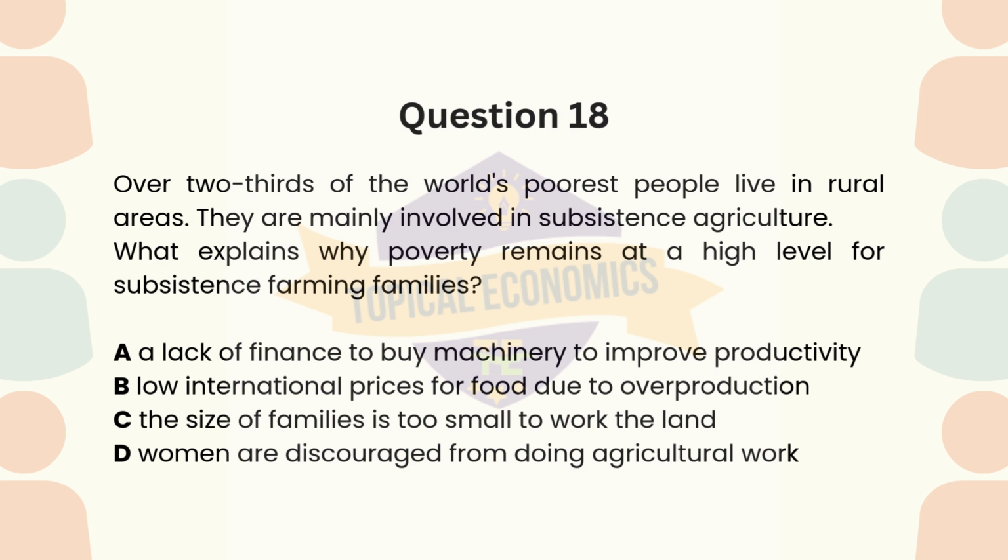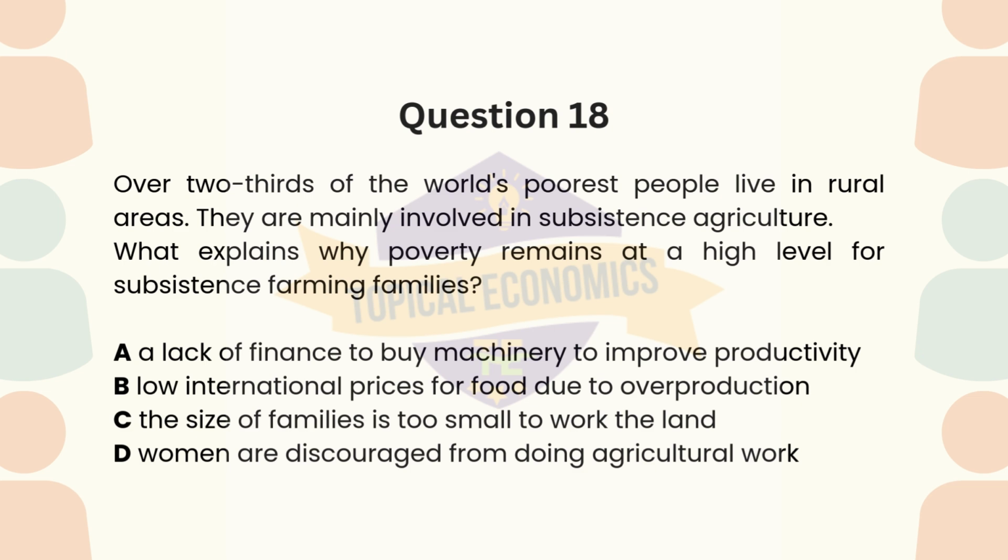Coming to question 18, this is from 2018 May-June paper version 2. Over 2/3 of the world's poorest people live in rural areas. They are mainly involved in subsistence agriculture. What explains why poverty remains at a high level for subsistence farming families? And the options are as given.